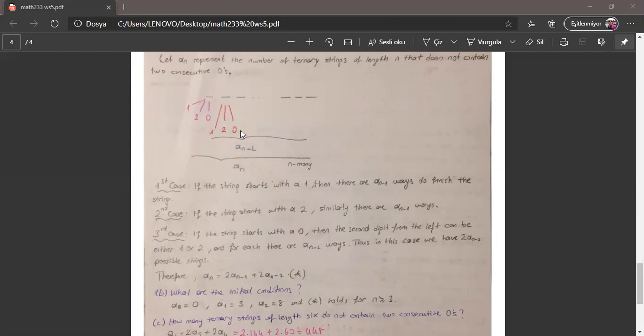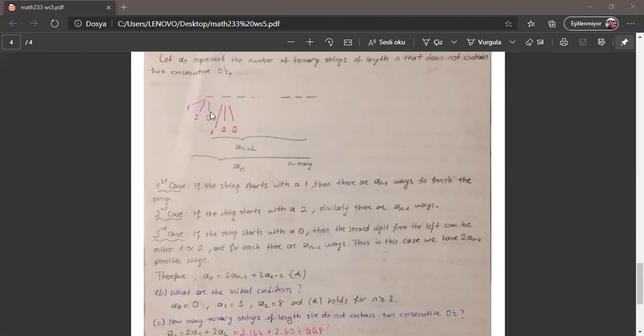And if we have 2, as in the previous case, we again have a sub n minus 1 ways, because the rest can be any valid string, and this number is represented by a sub n minus 1. And if we have 2, it's represented by the same number.